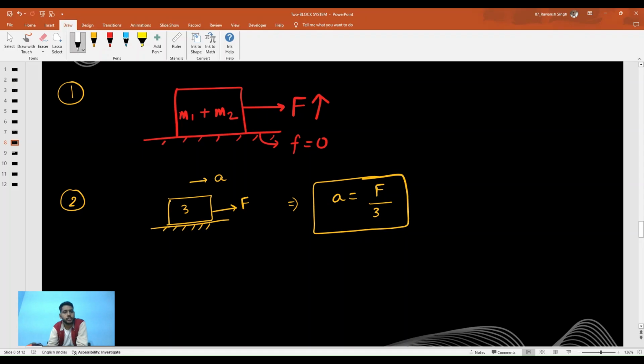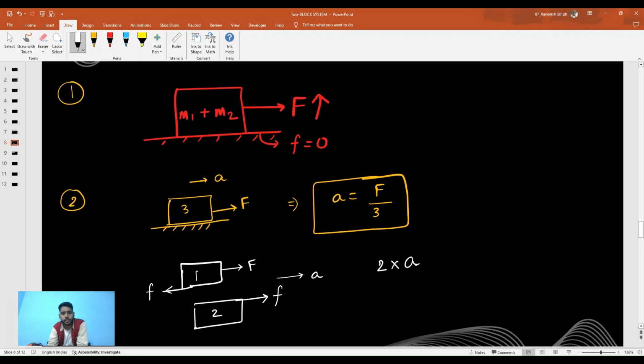Now what we will see is M1 is 1 kilogram, force is applied here, and friction will act behind it. Okay, M2 is 2 kilogram, friction will act here on it, and that will be solely responsible for the acceleration of M2.